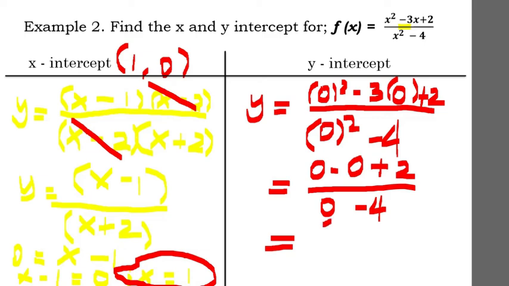It is 2 over 0 minus 4 is negative 4. And therefore, it is equal to negative, we're going to reduce to the lowest terms. 2 over negative 4 is equal to negative 1/2.